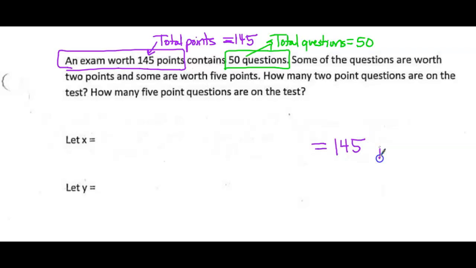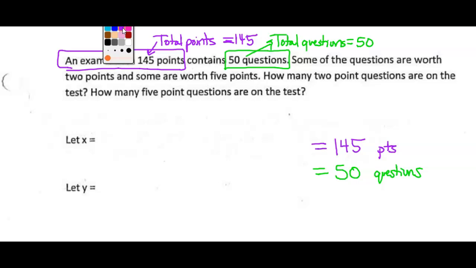And I'll just put points over here. You don't typically label these, but I'm labeling it because I'm not here really to answer your questions. And the other thing equals 50 questions. Again, you're typically not labeling that. I'm labeling that because I'm not here to explain or answer any of your questions.